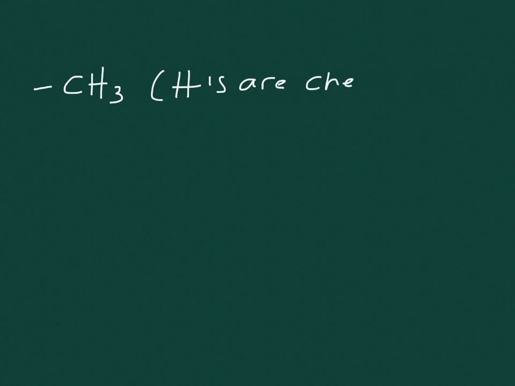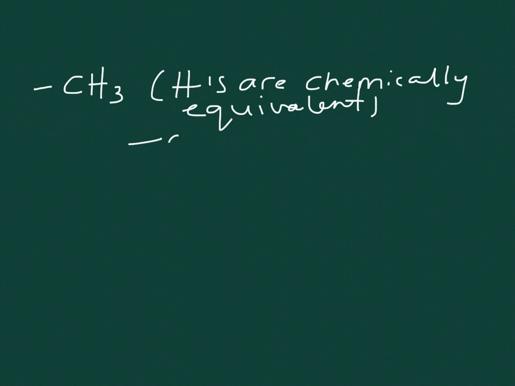As I said before, don't drive yourself crazy looking for rotational symmetry and planes of symmetry and axes of symmetry. If you have CH3 protons, the H's are chemically equivalent on that given carbon.